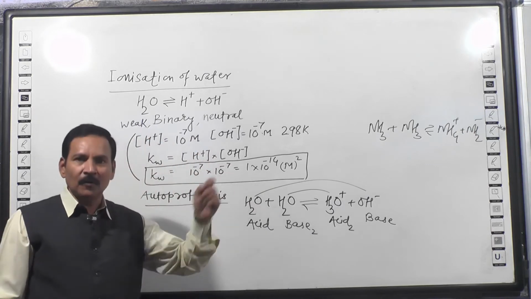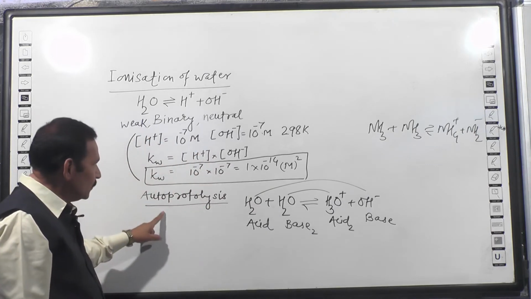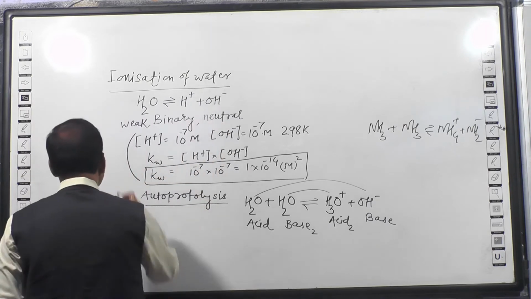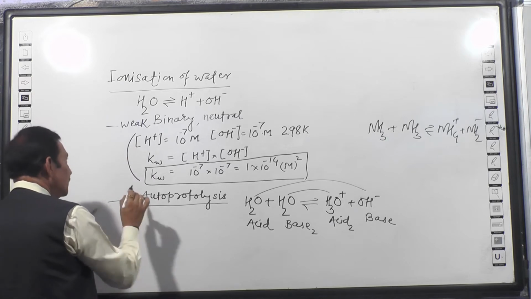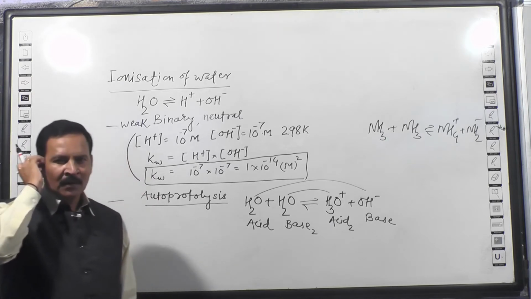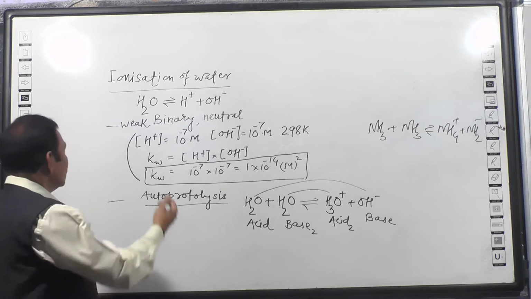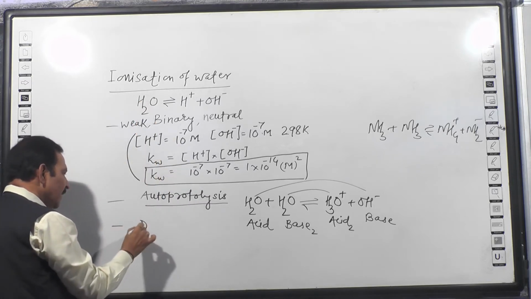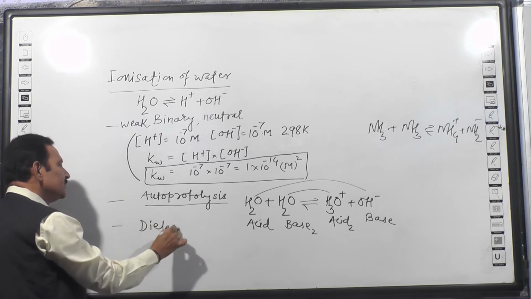So in case of water, such type of autoprotolysis takes place, and therefore this is also one of the points why water is considered as a solvent for different theories, and this is the concept of ionization. Now one more point is there, the dielectric constant of water is very high.